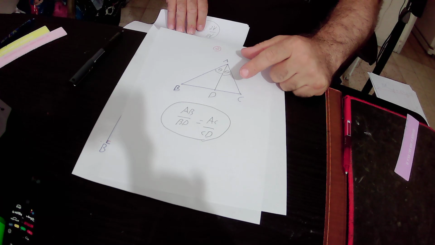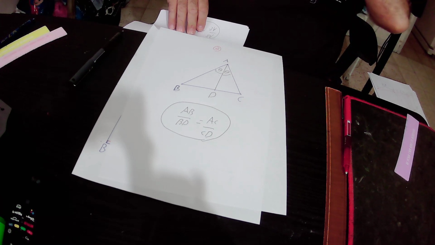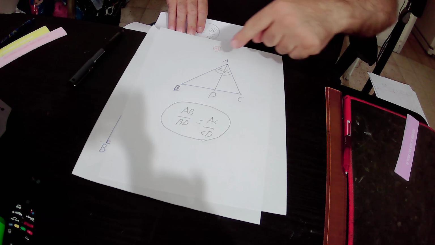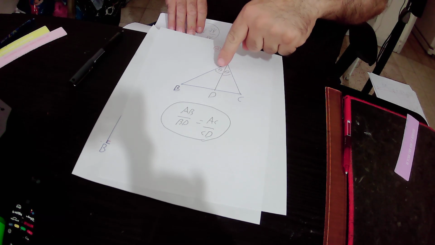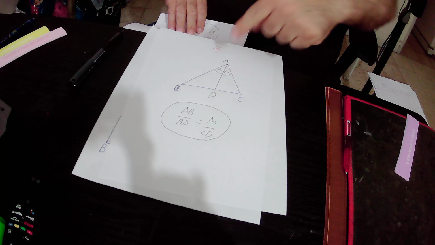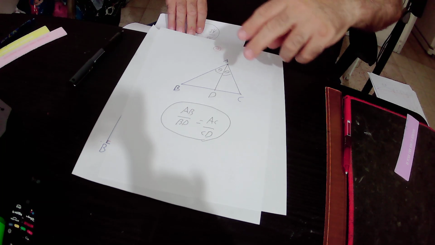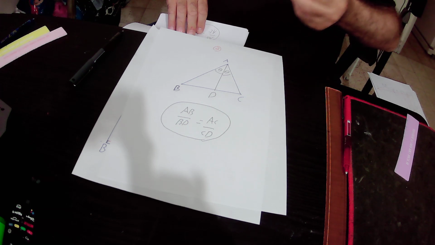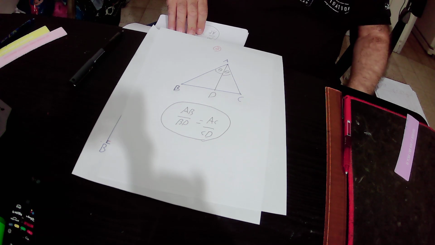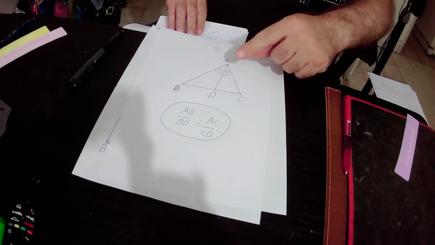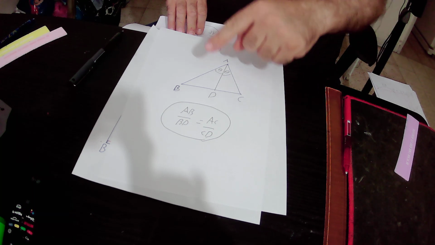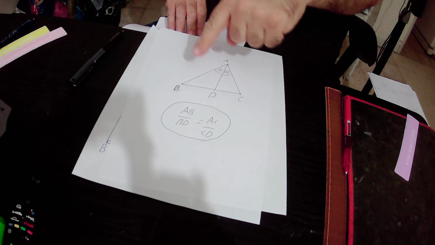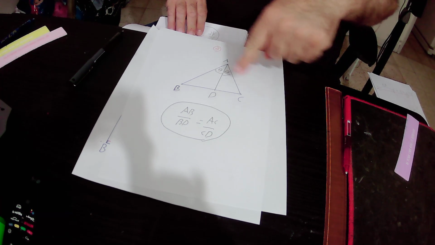AD is an angle bisector because it divides angle BAC into 2 equal parts. That is to say, this angle equals alpha and this angle equals alpha, so angle BAC is divided into 2 equal parts. Therefore, the following relationship exists between the sides of this triangle: AB over BD equals AC over DC. Again, AB over BD equals AC over DC.